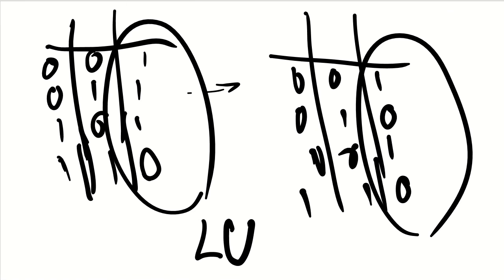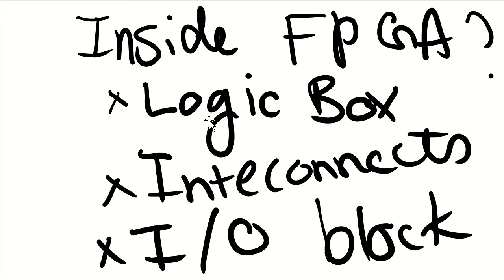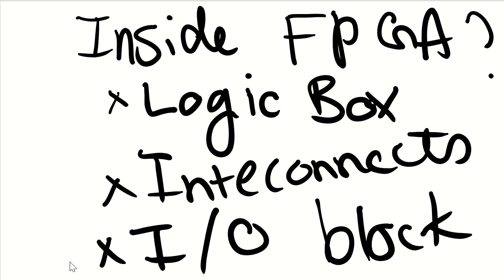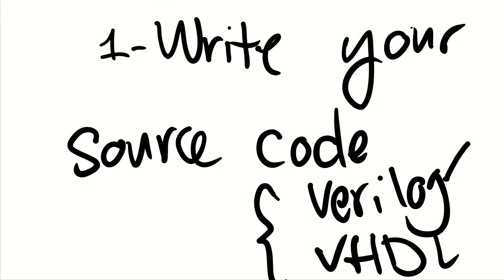I talked about the logic block, then interconnects. So now let's talk about how these logic blocks and cells can connect to each other?